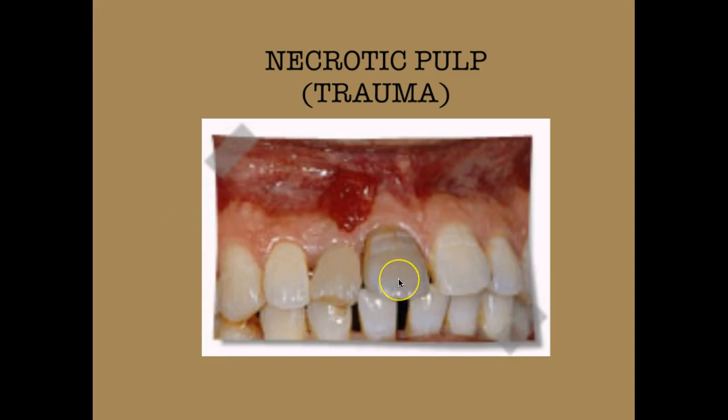Sometimes, though, there are no fractures that can be seen clinically, and the mere blunt trauma to the tooth has caused the pulp to become necrotic, and therefore the tooth is discolored. So if you see a discolored tooth in the dentition, that can be a sign of a necrotic pulp.